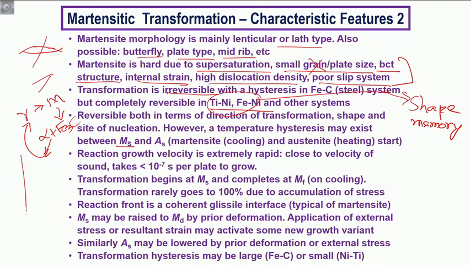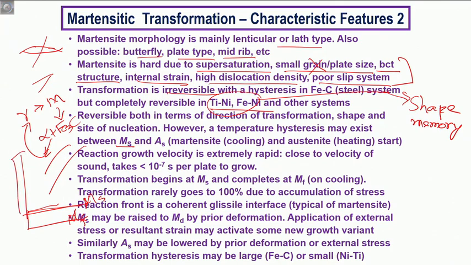Now, if you refer to the CCT diagram, you will see there an MS, Martensite start, and MF, which is Martensite finish. These are just lines and not curves, because Martensite is an athermal transformation. It is temperature dependent, but it is not a thermally activated process.